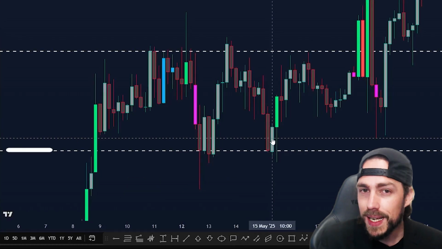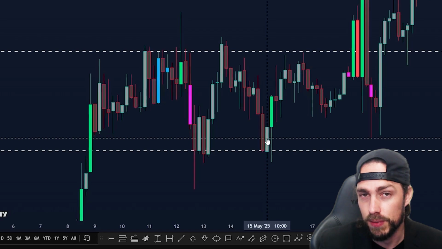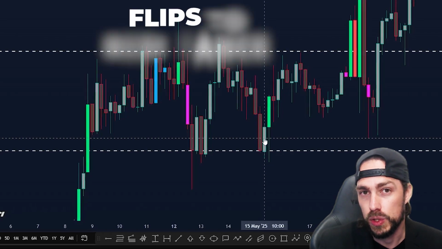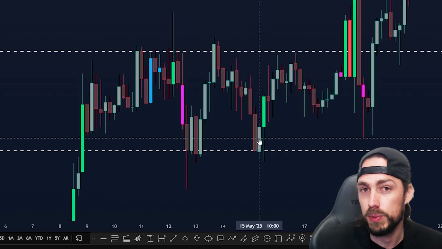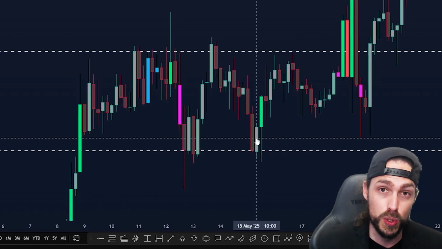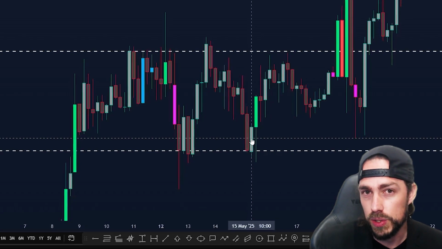And when we break a support level and have a candle body close below that specific support level, that level flips to resistance. So we have these flips in the market where resistance flips to support and where support flips to resistance. And I'm going to show you how I identify and use these levels then.